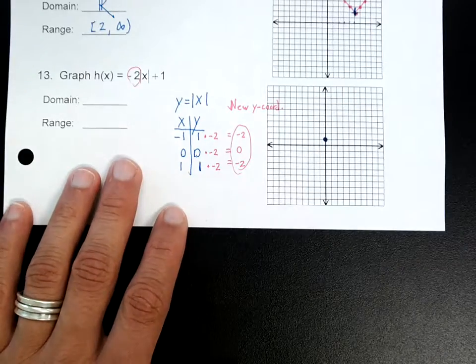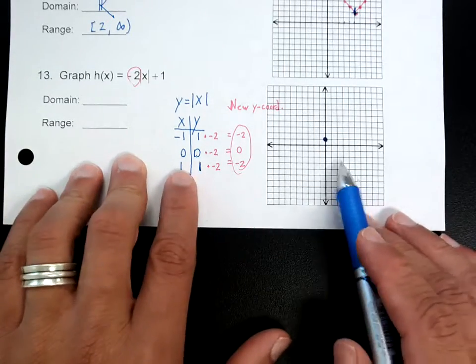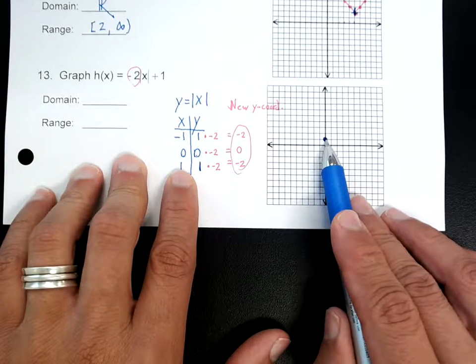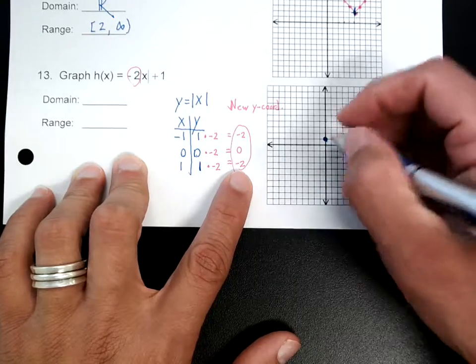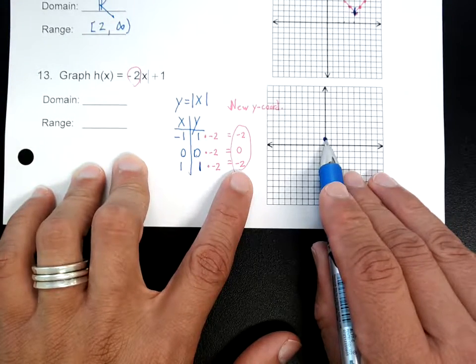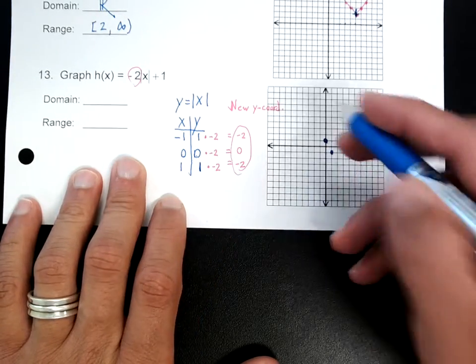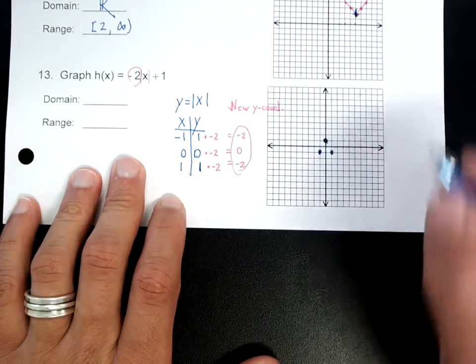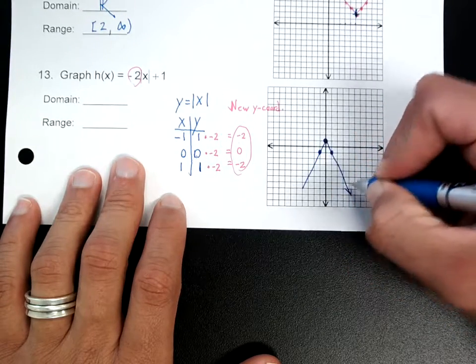Now, like I said before, I go to the right one, which means x is 1. From here, if this is the origin, right 1 and down 2, because that's negative 2. And if I start from here again, if this is 0, 0, I'm going to go negative 1, negative 2. So this is what this graph looks like.